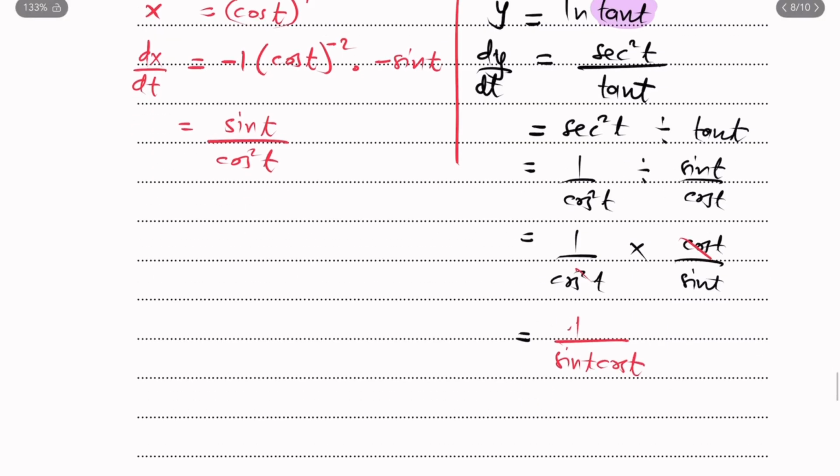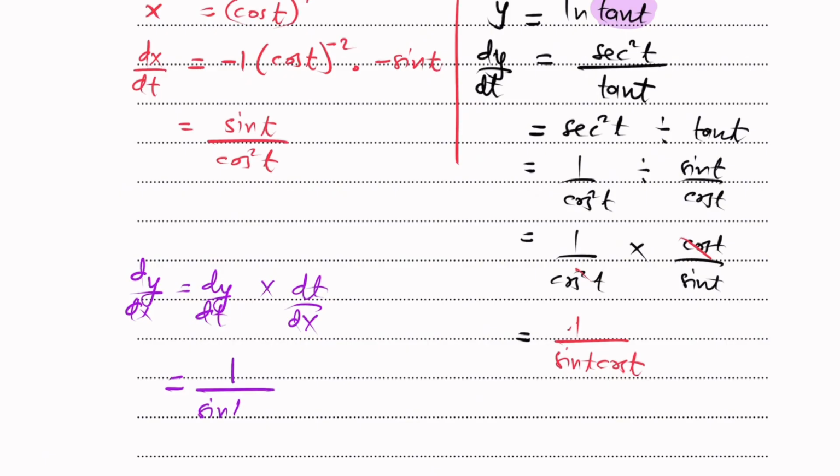Okay, so now we can set up our chain rule. So dy/dx equals dy/dt times dt/dx. And dy/dt is 1 over sine t cos t times dt/dx.